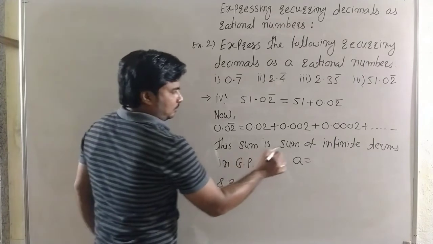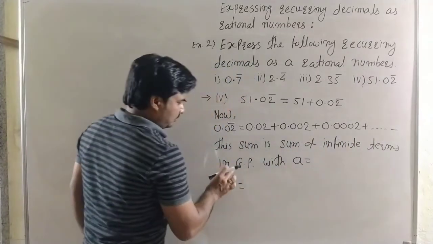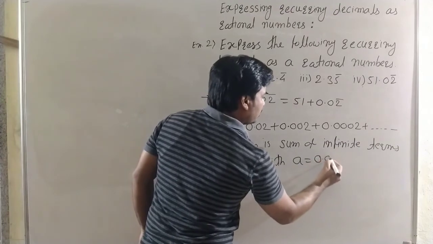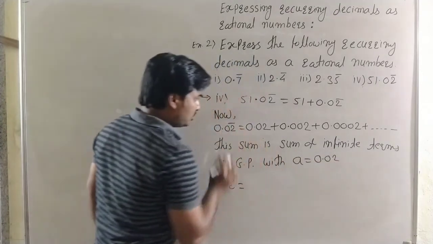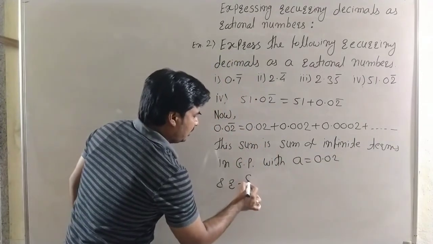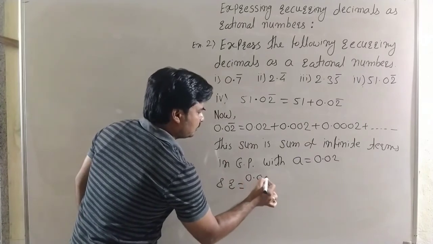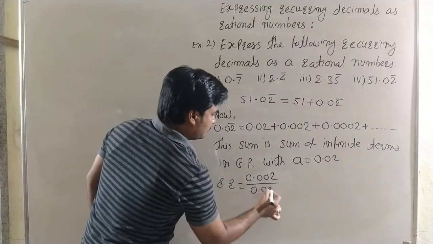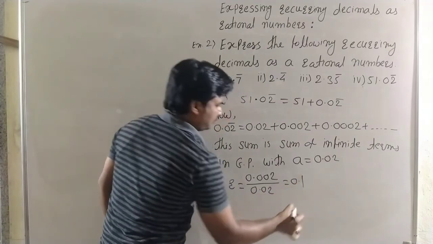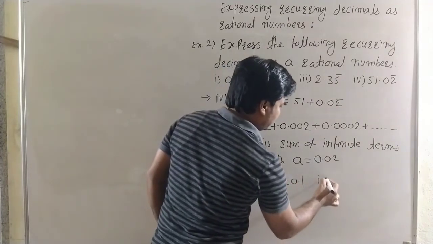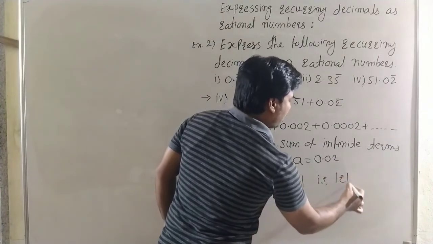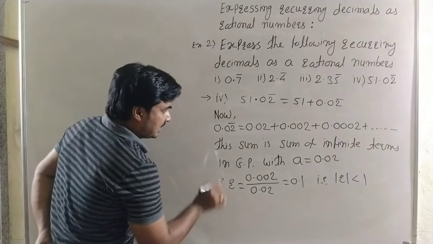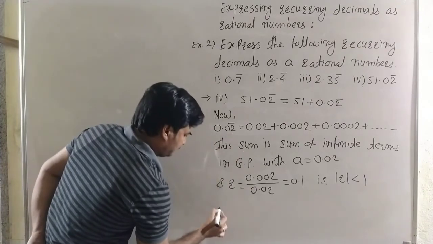Now this is a sum of the infinite terms in a geometric progression with a, the first term, 0.02, and common ratio 0.002 upon 0.02, again it is 0.1. Same as the last example, mod r is less than 1, therefore we can find this sum.